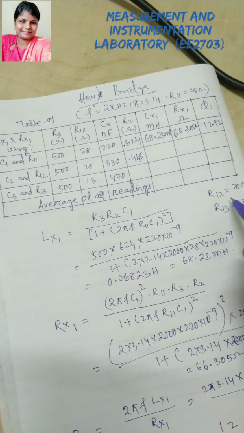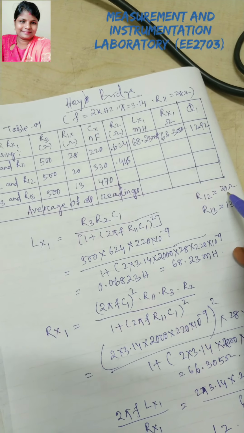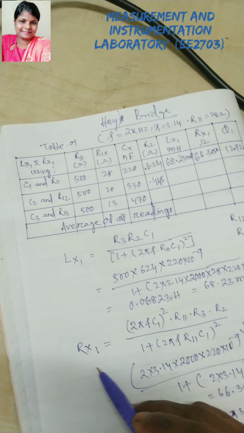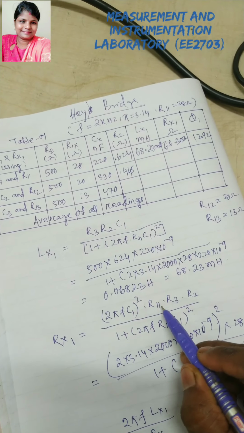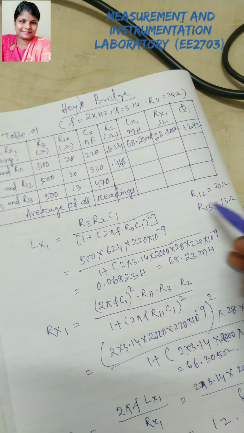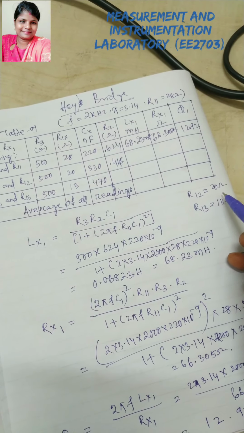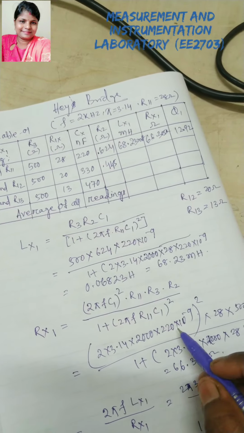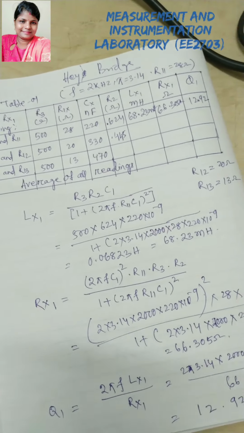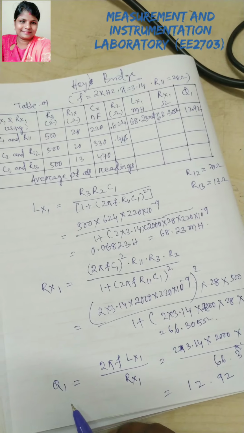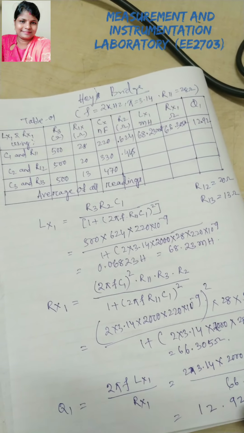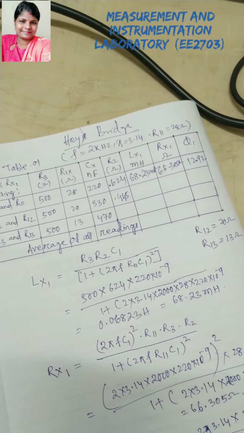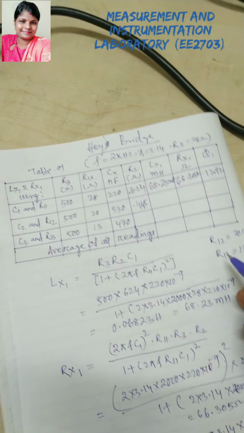R12 must be changed, R12 is 20 ohm, that is fixed. Also put it in RX1. Same, you have to calculate the value of Q1, and that must be greater than 10.